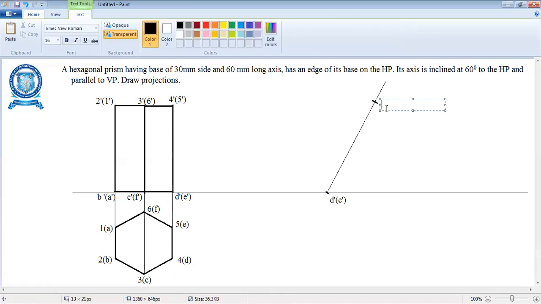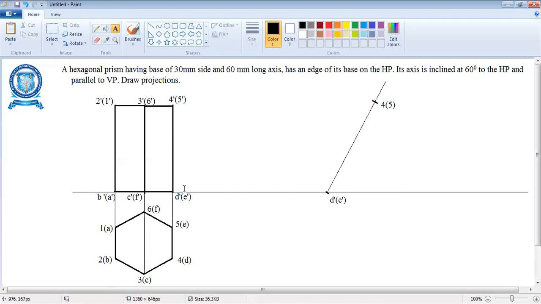Mark it as 4 bracket 6. We incline this edge at 60 degrees.